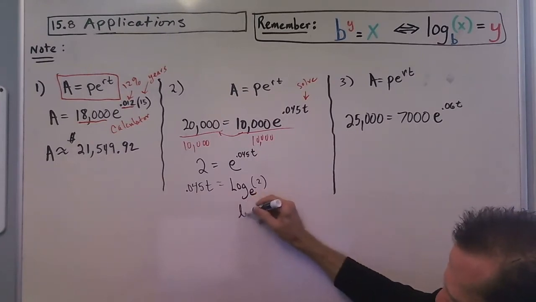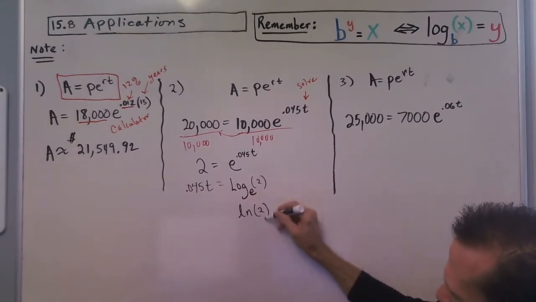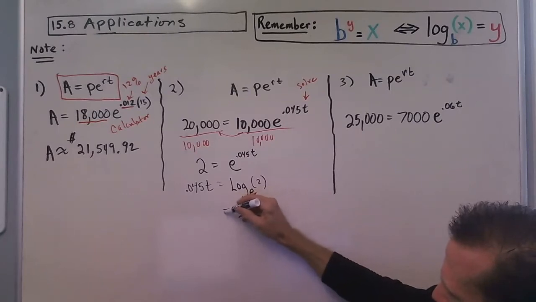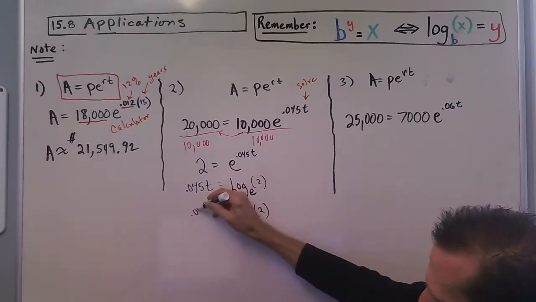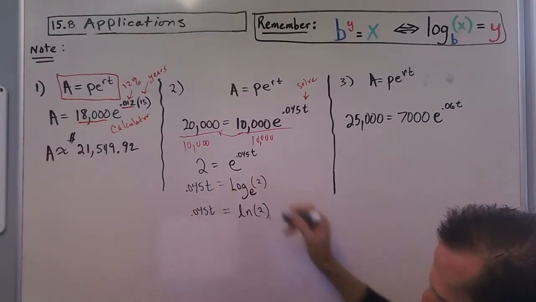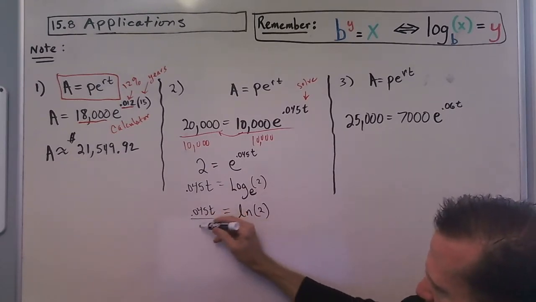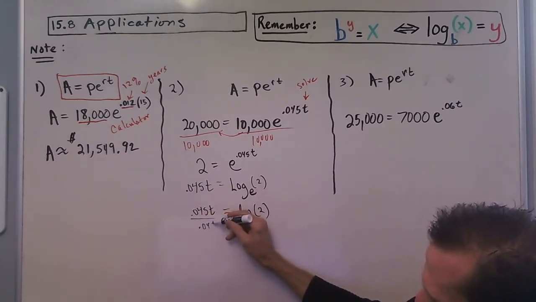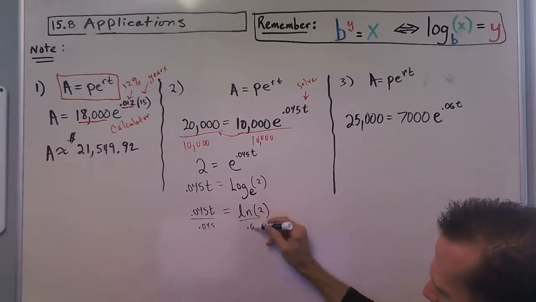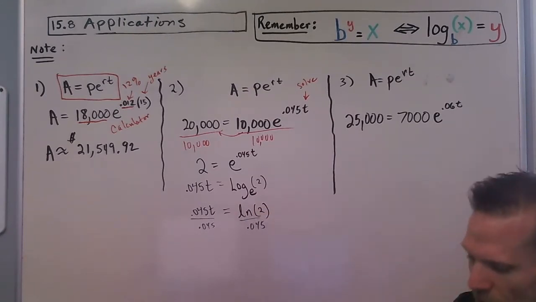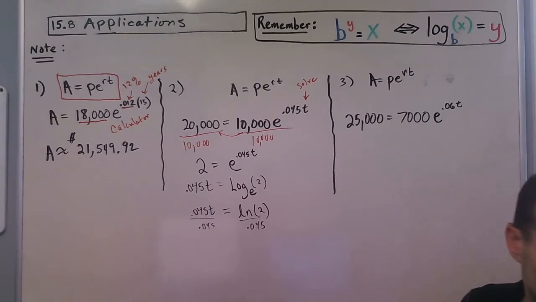So we have ln of 2, the natural log of 2, is 0.045 t. And then this should look familiar. We just divide by 0.045 and divide by 0.045. So what we do then is type this into our calculator.